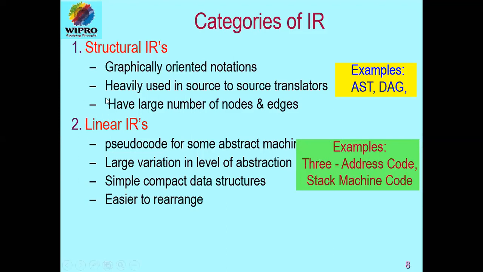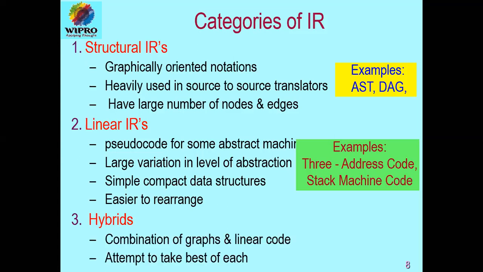So one, three address code, is widely used, and one more variety is stack machine code, which is also a linear intermediate representation. Okay. Beyond this, we use hybrid intermediate representations, which is a combination of structural and linear arrays. One of the varieties of that we call the control flow graph.